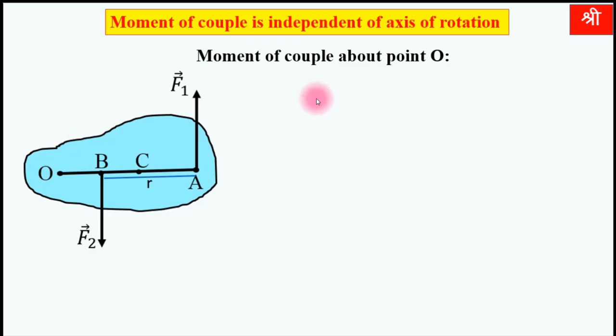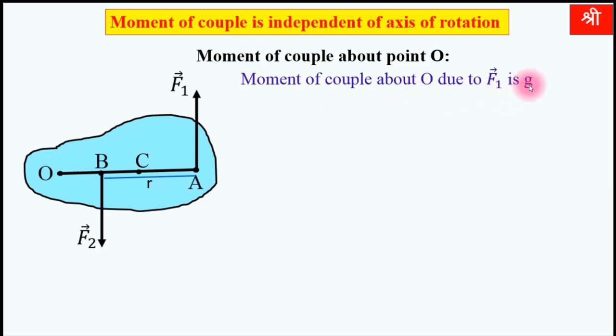Now first, moment of couple about O due to F1 is given by this formula: vector tau 1 equal to vector OA, that is a vector from O to A, cross this force F1, that is equal to F into OA.